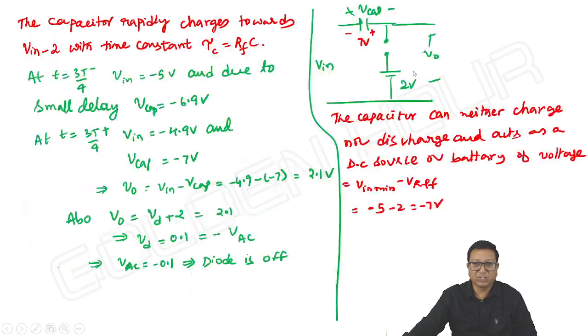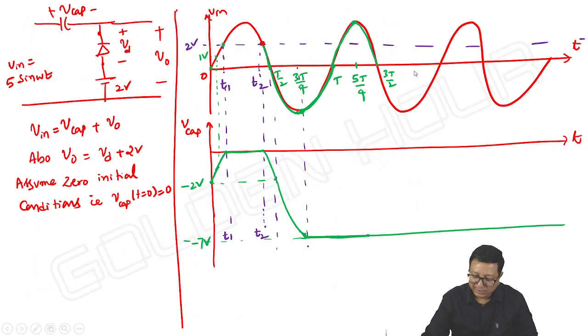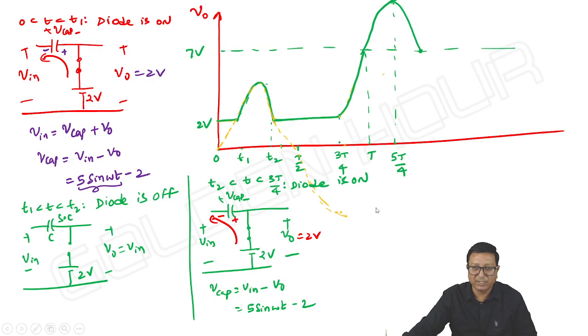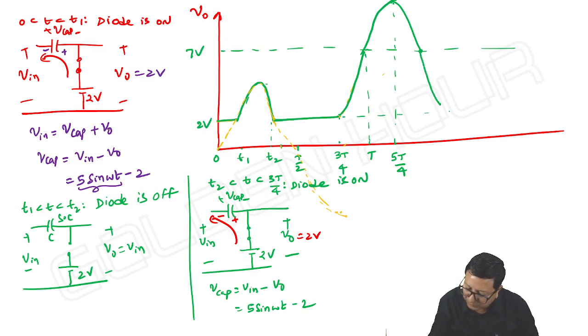Next, input is further falling by another 5 volts. Here capacitor voltage is minus 7, so minus 5 minus of minus 7, output falls down up to 0.